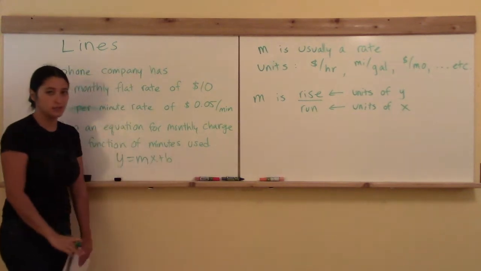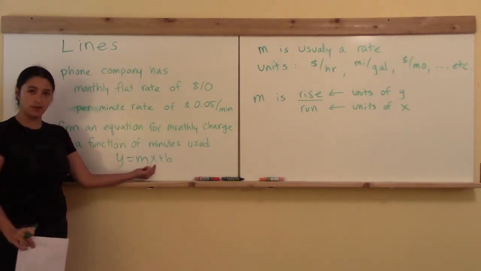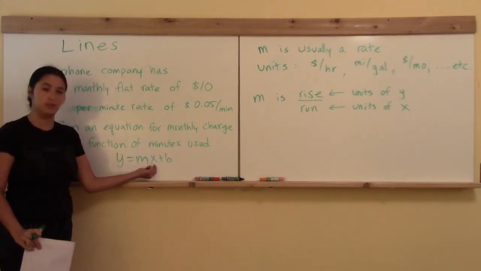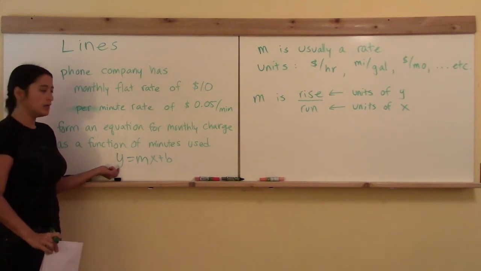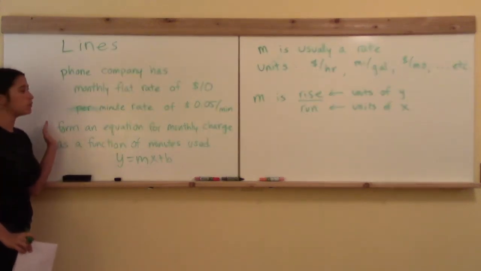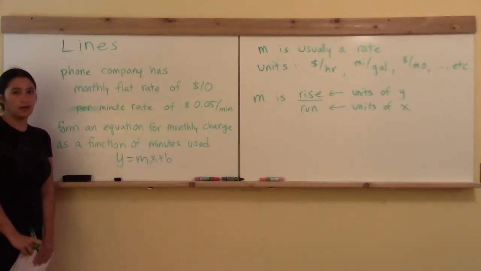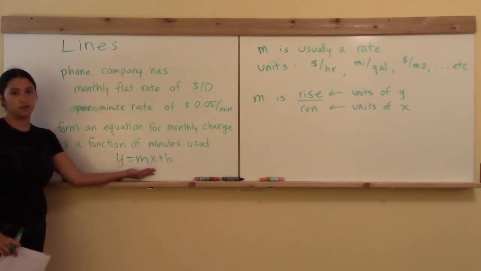This is going to be a linear model. So x is the independent variable. That's going to be in the units of minutes used. Y is the dependent variable. That's going to be in units of dollars for the monthly charge. And the m and the b are hidden inside this setup somewhere. So pause it right now and see if you can figure out the answer I'm looking for in this form.